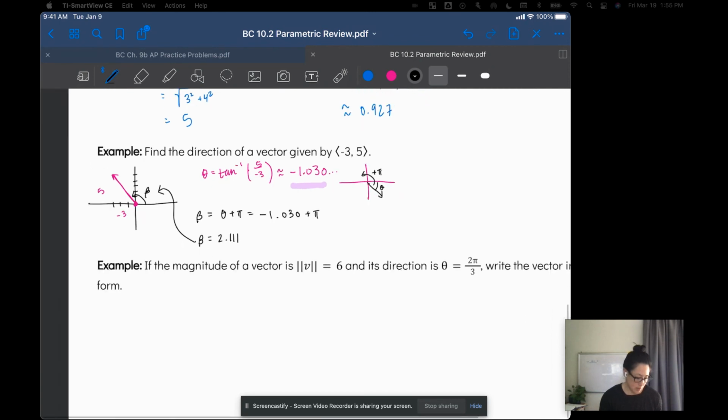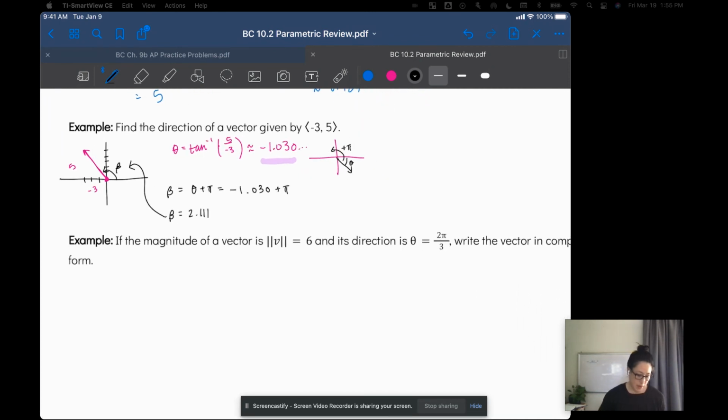All right. So the magnitude of the vector v is equal to 6, and the direction theta is equal to 2 pi over 3. So I need to write this vector in component form. One thing we need to remember is that the angle tells me where the vector is.